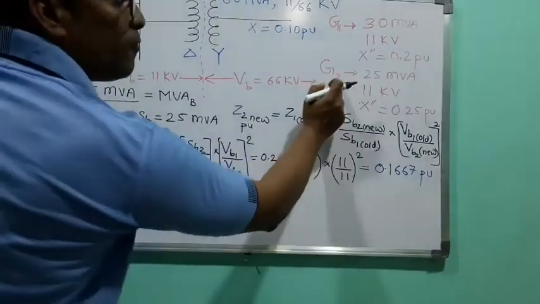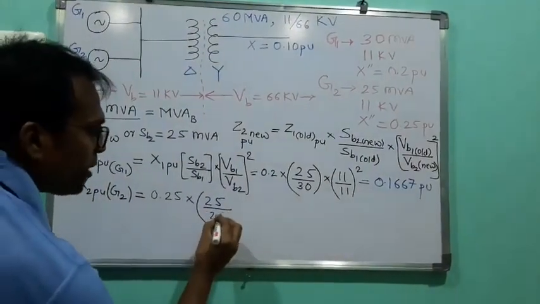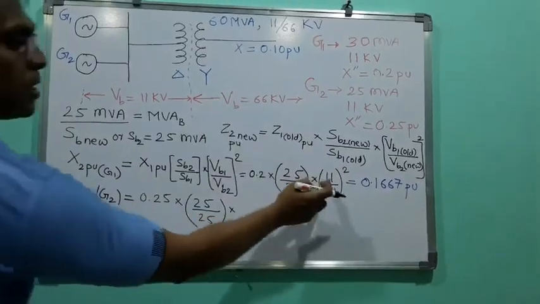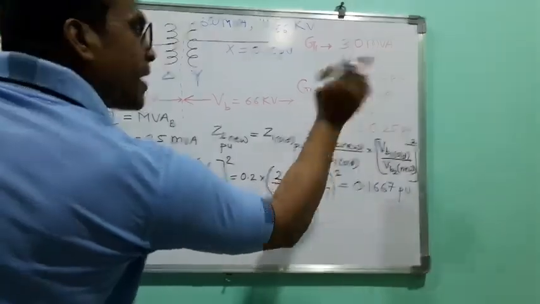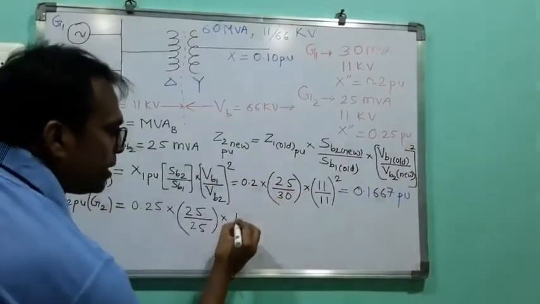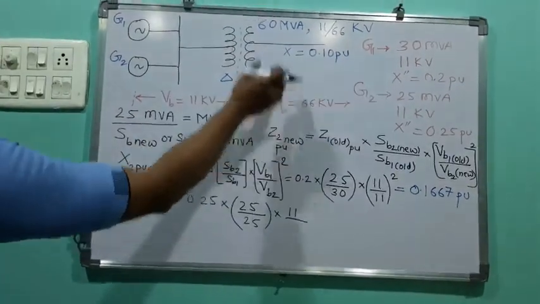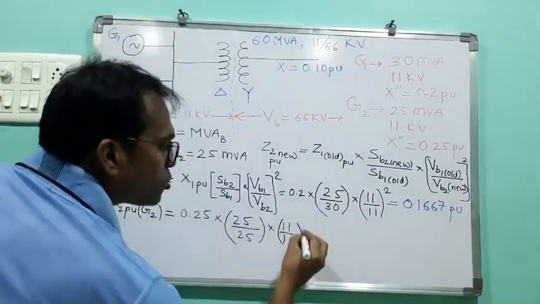SB1 given for generator 2 is 25 MVA. Then VB1 is again 11, and this is VB2 for the transformer, so 11 by 11 whole square.